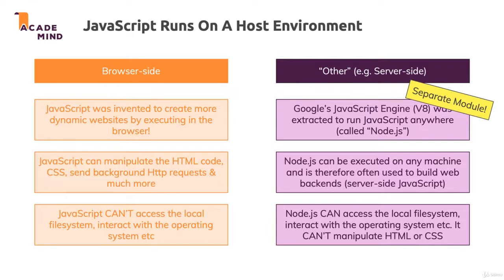Instead, it can only access the file system on the machine where it executes, which, for example, is the server where it runs, not your machine. And it's also able to interact with the operating system and so on. However, on the other hand, since it doesn't have direct access to the loaded web page, it can't manipulate HTML or CSS like browser-side JavaScript is able to do. So we basically have inverse access capabilities here.